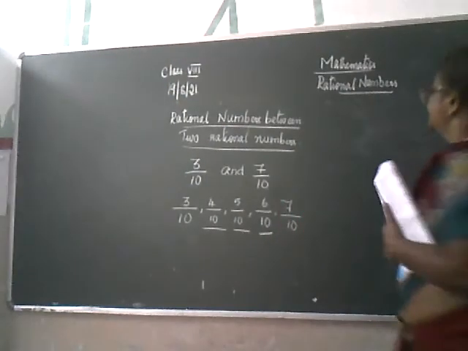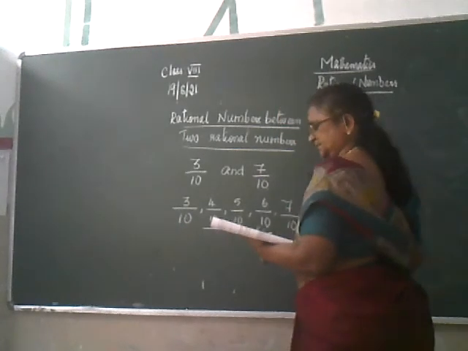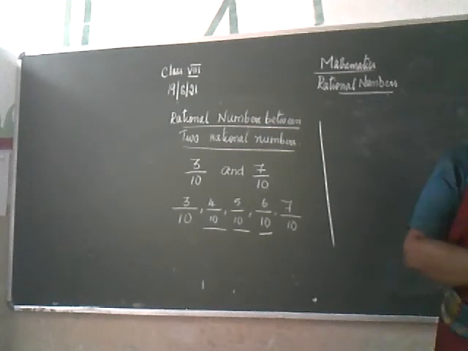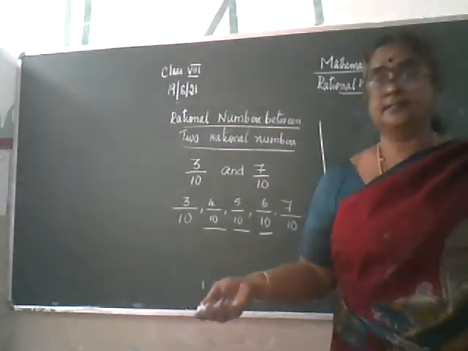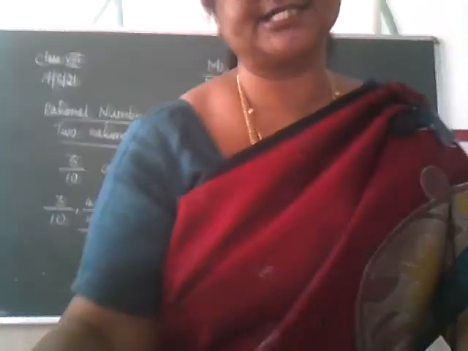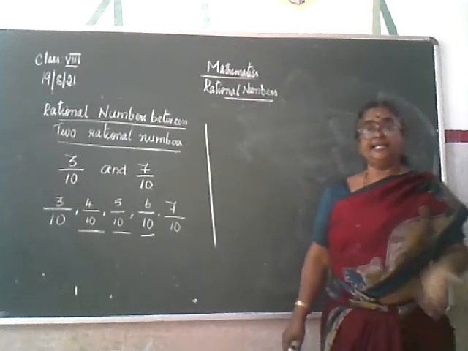So, similarly, for 3 by 10 and 7 by 10, as I told you first itself, you can write so many rational numbers between any two rational numbers. That is indefinite.